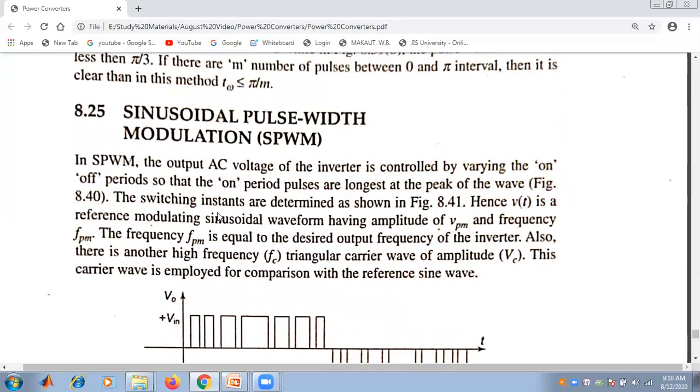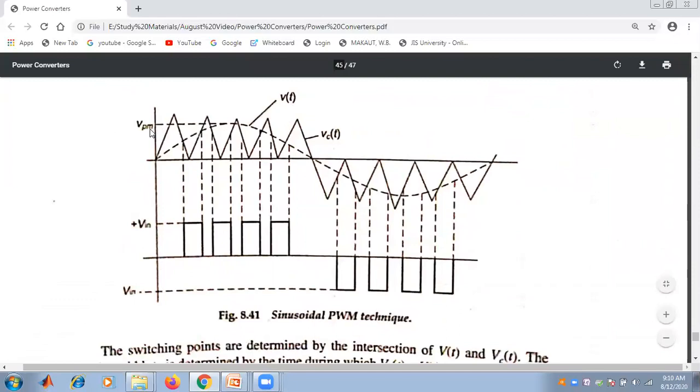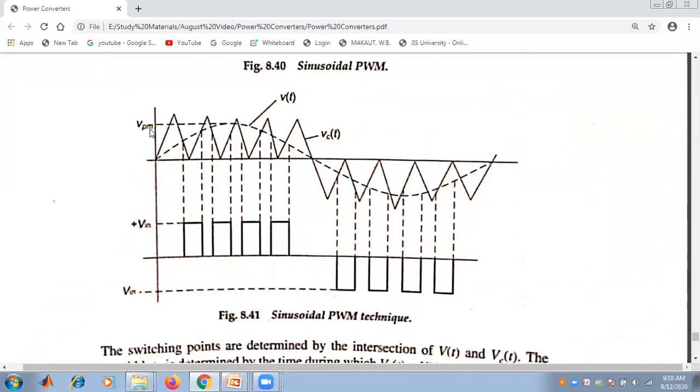So we have Vt, the reference modulating sinusoidal waveform having an amplitude of Vpm and a frequency of Fpm. This is our reference sinusoidal waveform, shown here by the dotted line, Vt, with a peak value of Vpm and a frequency of Fpm.